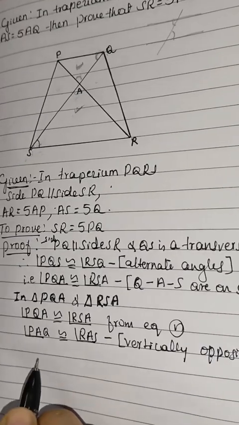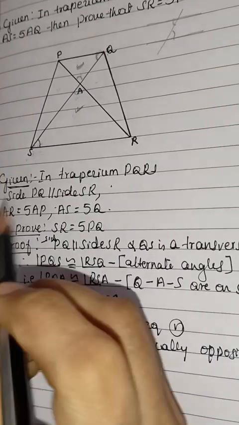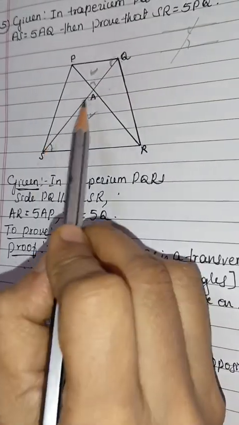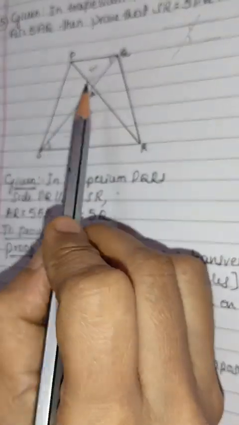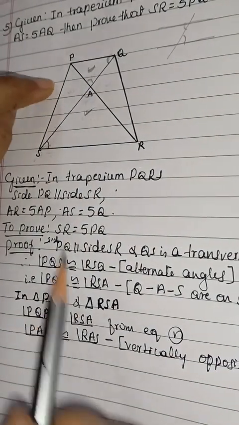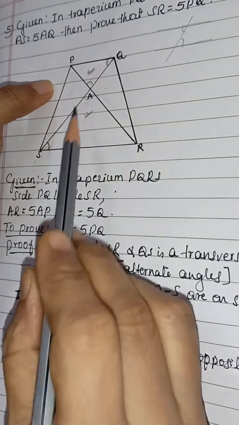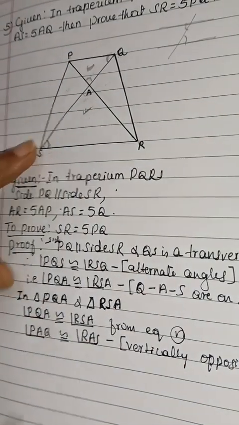In this triangle these two angles are congruent, and in this triangle these two angles are congruent. So triangle PAQ and triangle RSA are similar by the AA test.